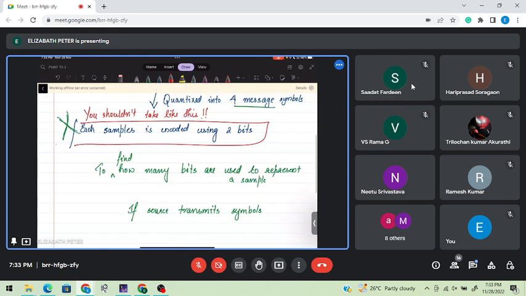Okay. So to find how many bits are required to represent a sample, we use a fact from information theory.